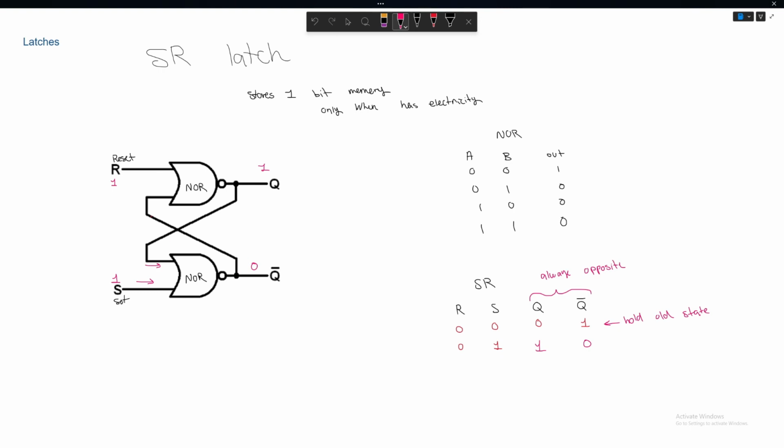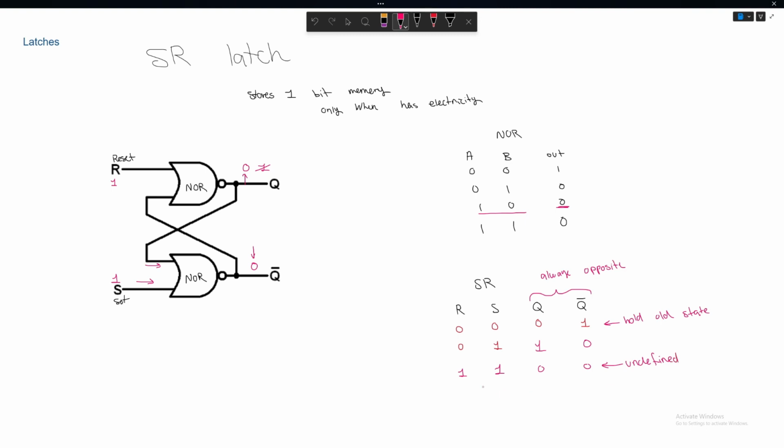Then the 0 goes through here, and I get 1, 0. 1, 0 is 0, right? Now these are the same, but remember how we said always opposite? And so when you have 1, 1, what you'll get is 0, 0, and this is called undefined. It's not allowed.